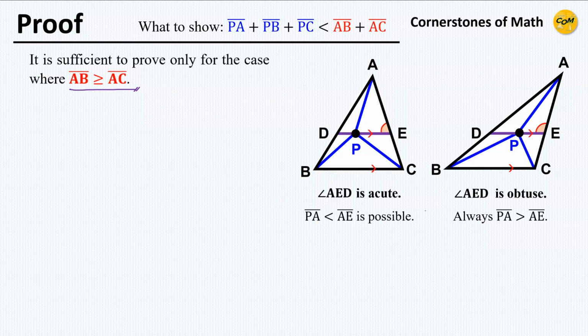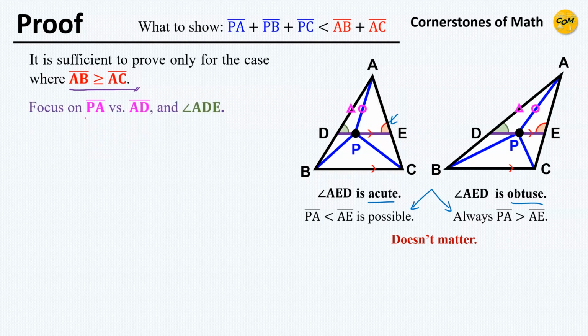Of course, at this point, you may have understood that different results in length comparison are possible, depending on whether a certain angle is acute or obtuse. But the thing is, it doesn't matter, because that is not the main focus here. Instead, let us focus on comparing PA and AD and this angle ADE.